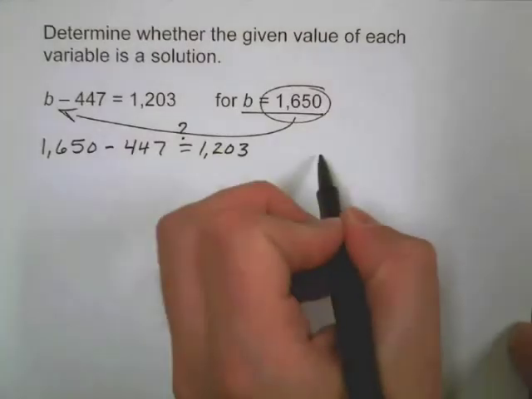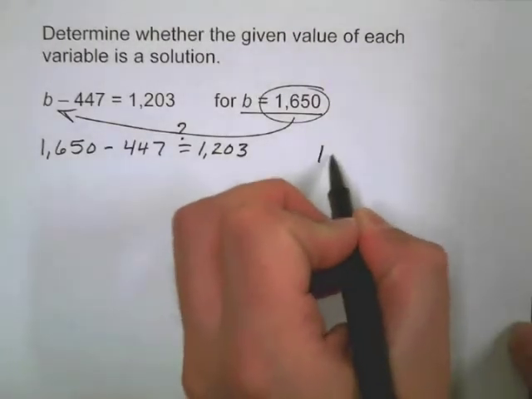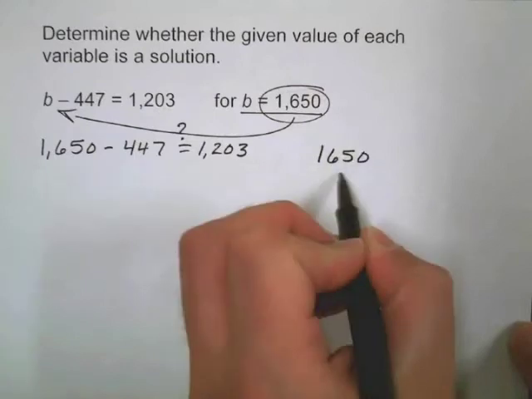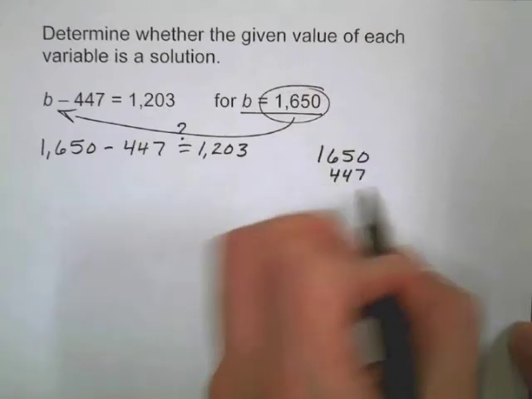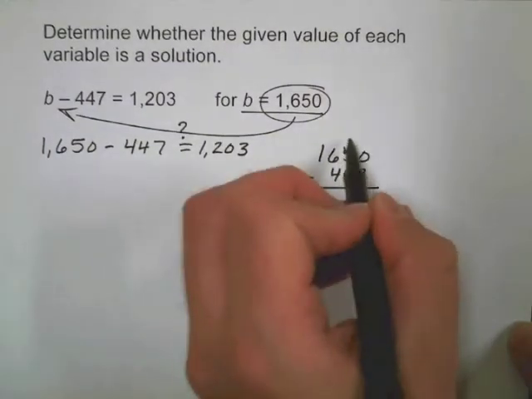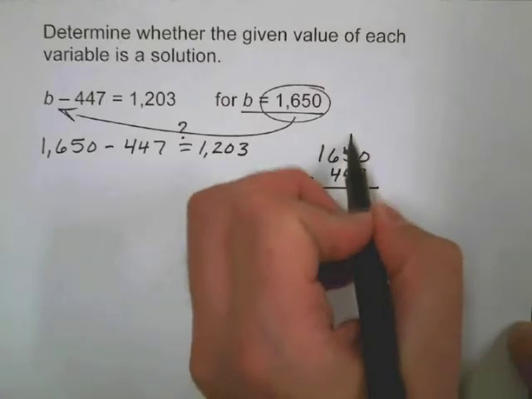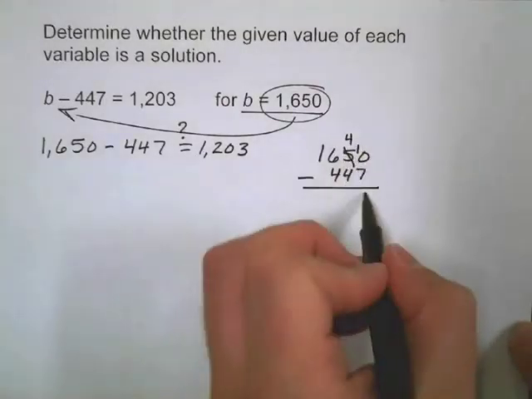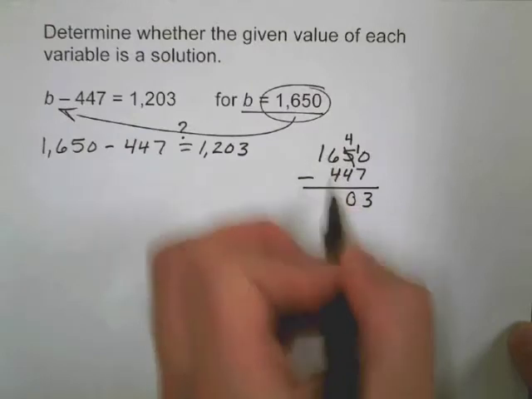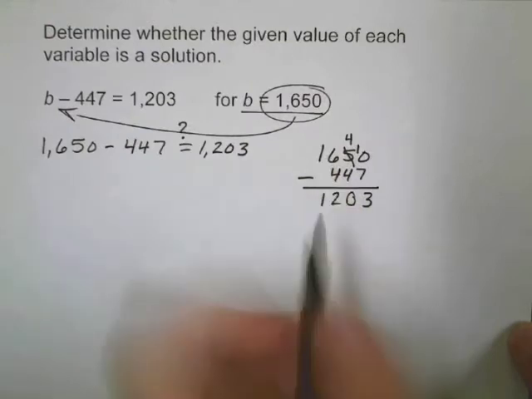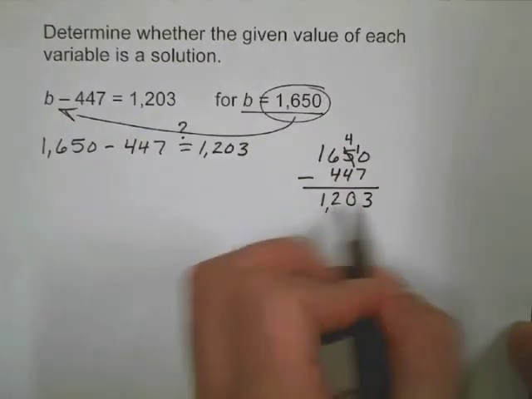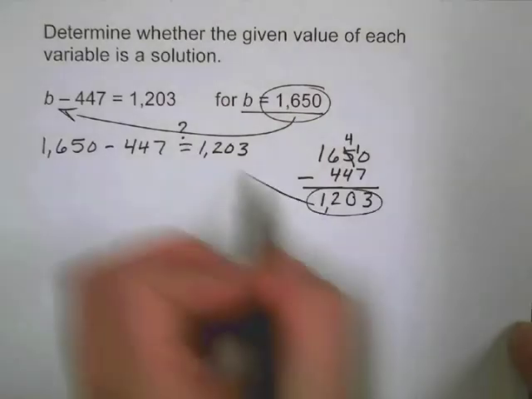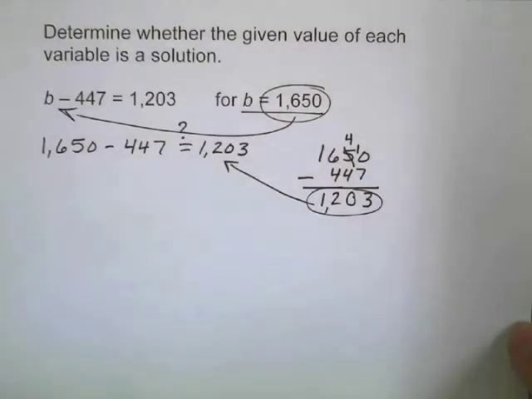So let's do a little calculation here. 1,650 minus 447. We're going to trade out here a little bit. So 10 minus 7 is 3, 4 minus 4 is 0, 6 minus 4 is 2, 1. So 1,000, we end up with 1,203. And that's what it says on that side of the equation.